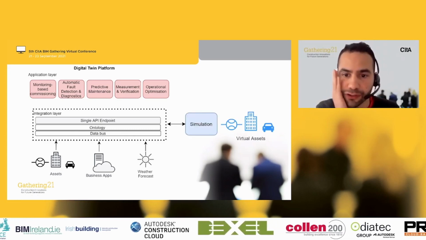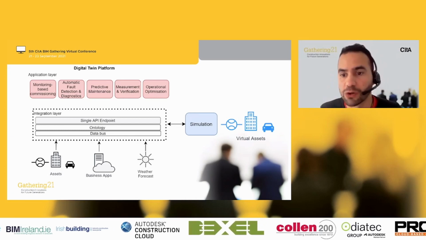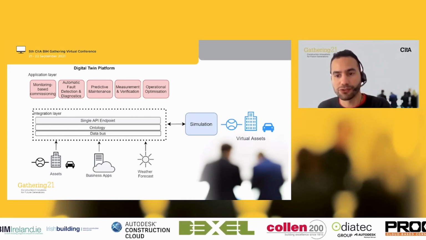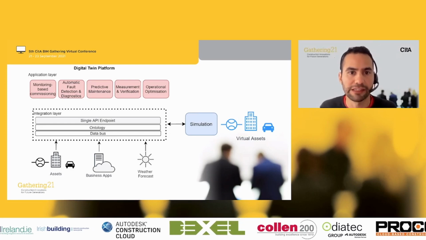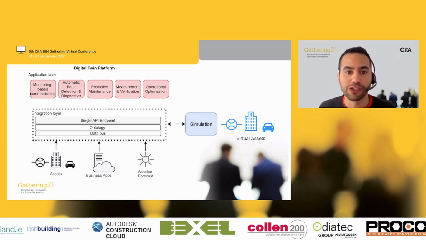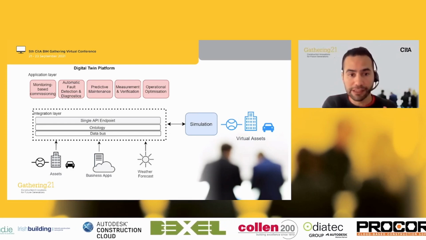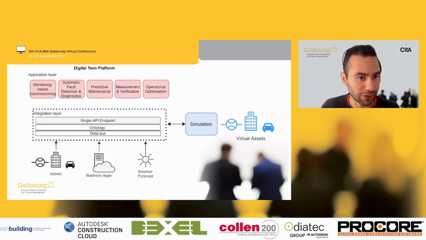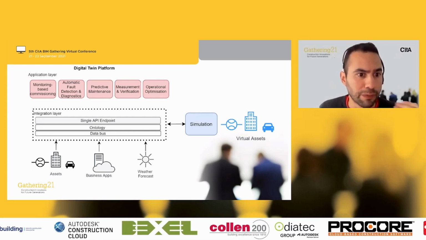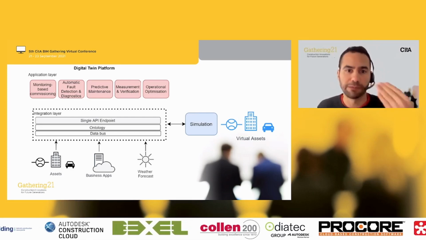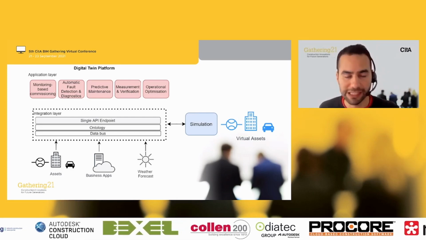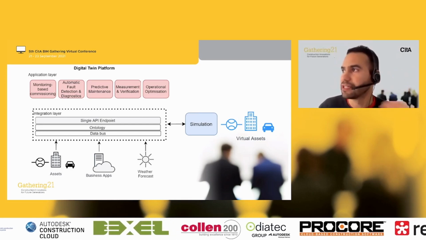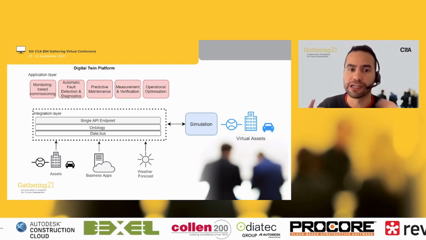One step further for the digital twin is the simulation side, where you can have virtual assets. For instance, a building simulation that you can use to complement the analysis that the application can do. If you're doing MMV, you can use the simulation model as a baseline to estimate the differences in energy use, so you can calculate savings.